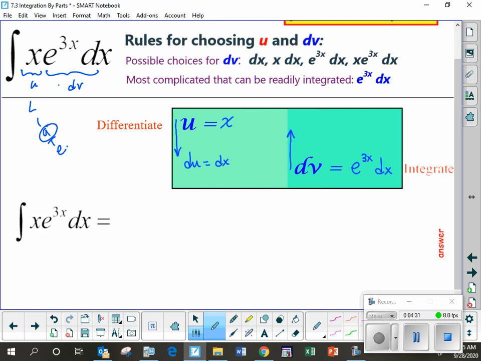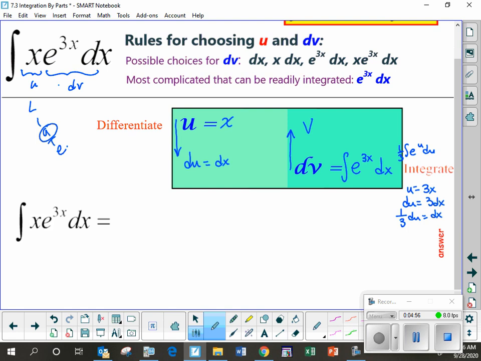Going upward, finding v means I need to integrate this, and it is a u sub, so I could let u equal 3x, then du equals 3 dx. Oh, I have a 1/3 du equals dx. Otherwise, e to the u du is pretty easy to integrate, isn't it?